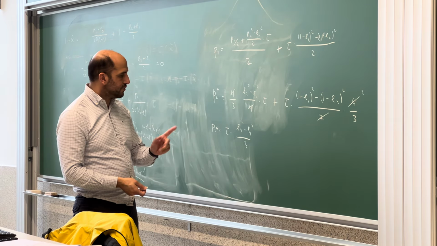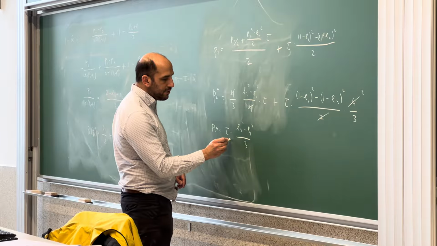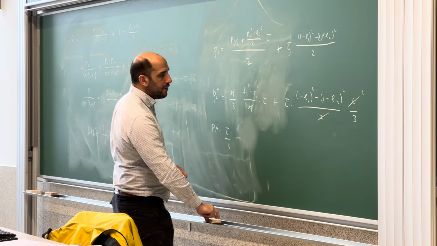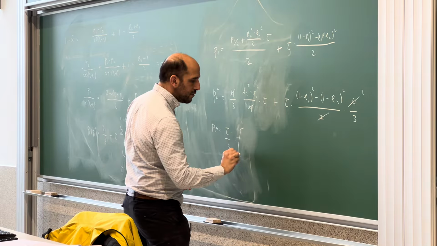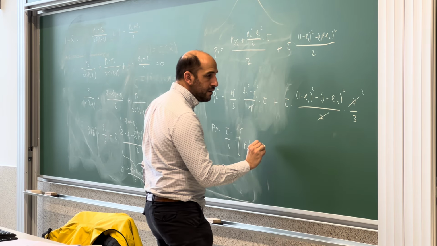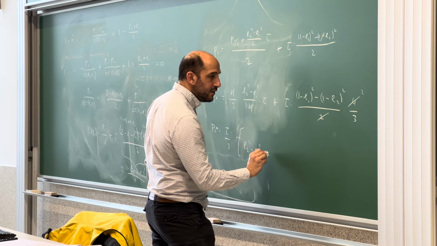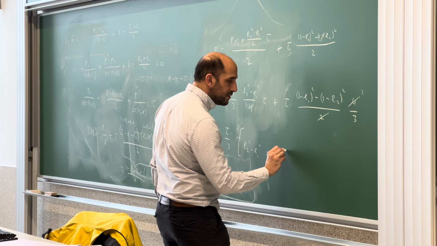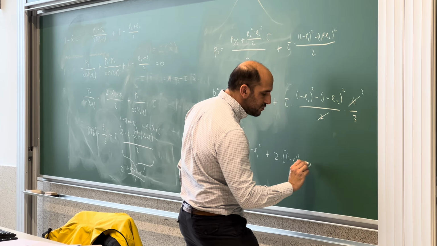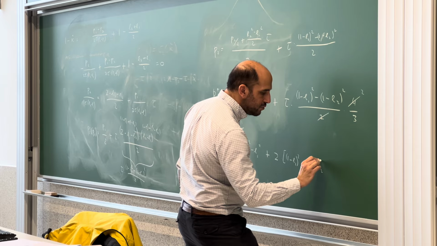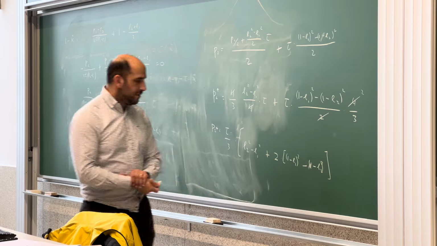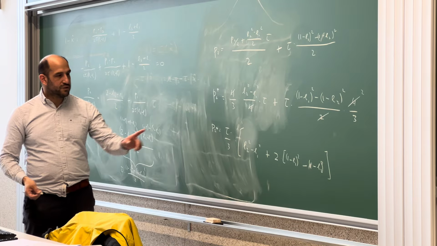So I will have a third there too, so I could also bring the tau over 3 out. And with tau over 3 times L2 squared minus L1 squared plus 2 times 1 minus L1 squared minus 1 minus L2 squared. Okay, so that's the price of 2.